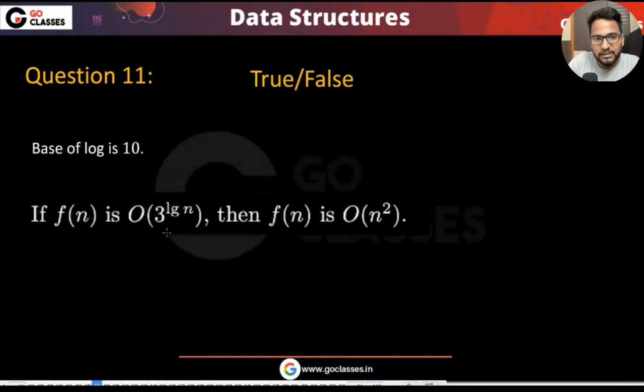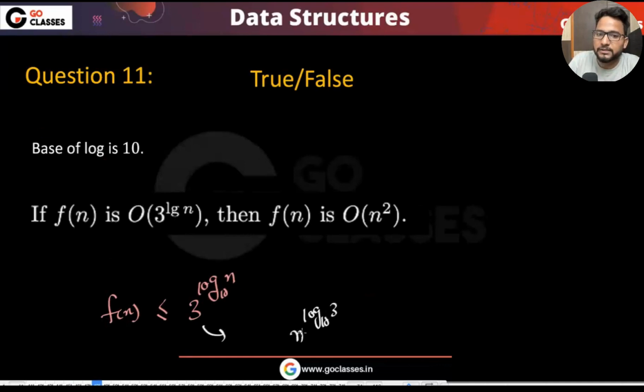Okay, tell me this: 3 power log base 10 of n, and n square. Let's suppose the base is 10. They are saying if f(n) is less than or equal to this, right? What does this mean? This function is the same as n power log base 10 of 3. Log base 10 of 3 is definitely less than 2. Why?